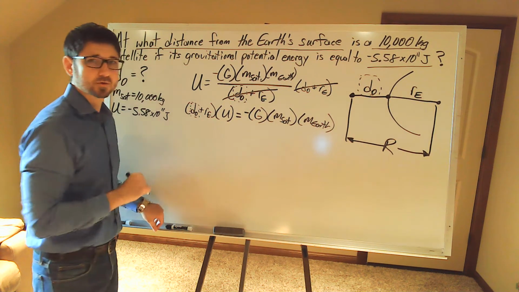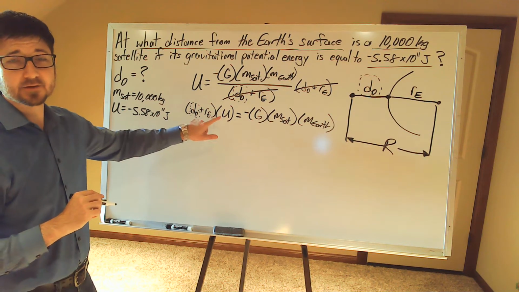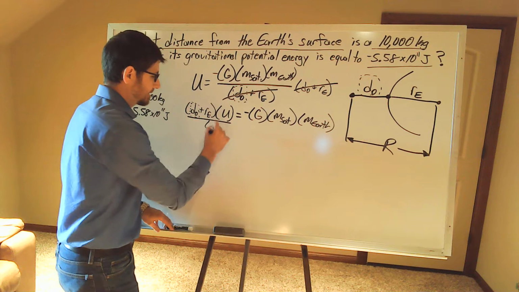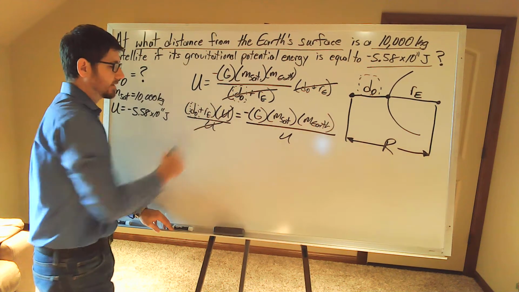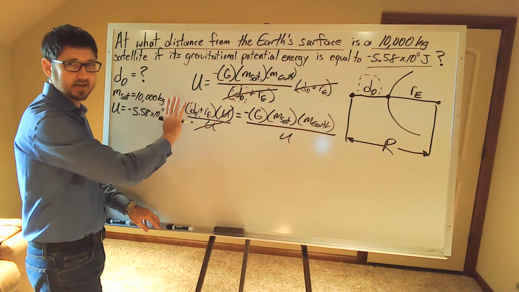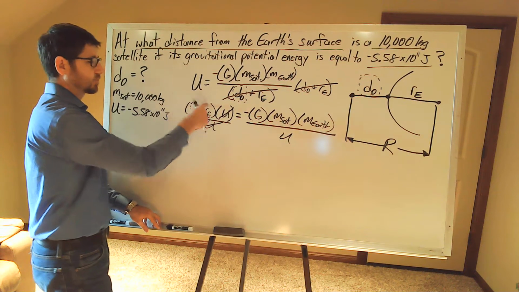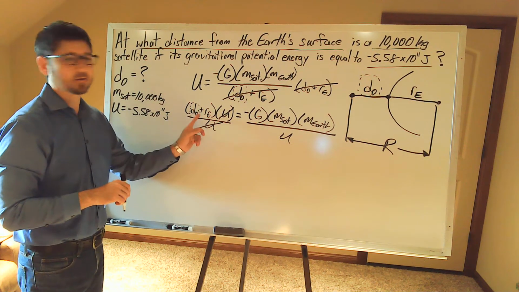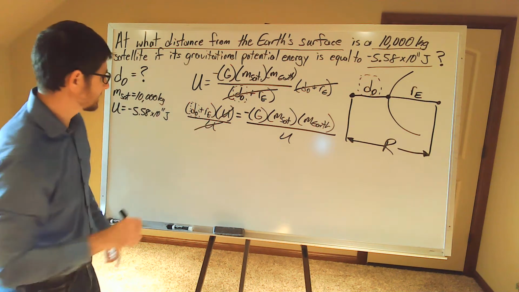Okay? Now, we're looking for this guy. So, we have two more steps. Our first step is to divide by the gravitational potential energy on both sides of the equal sign. On the left-hand side, that will go ahead and cancel. And so we are left with the altitude plus the radius of the Earth. So to isolate the altitude, all I'm going to do is subtract the radius of the Earth from both sides of the equal sign.